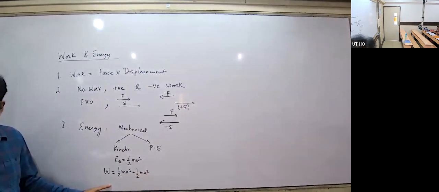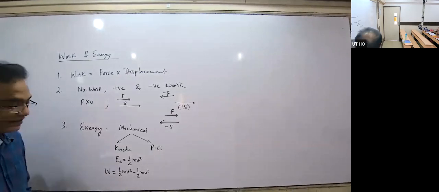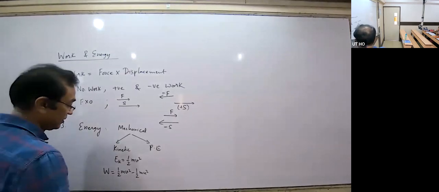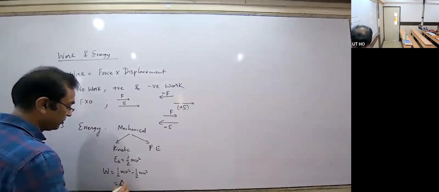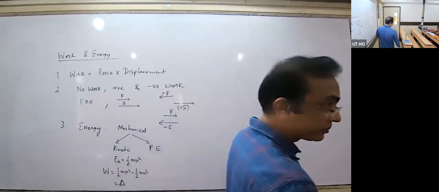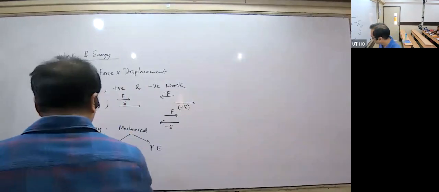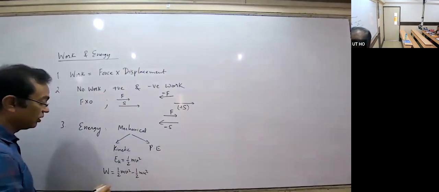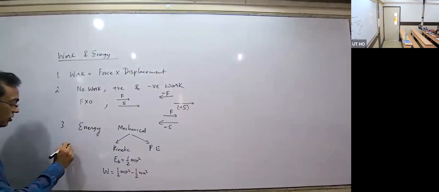We have derived it, right? We derived this formula. So this is basically delta K, right? So whenever we do work on a body, let us say the body was initially at rest, say u equal to 0.